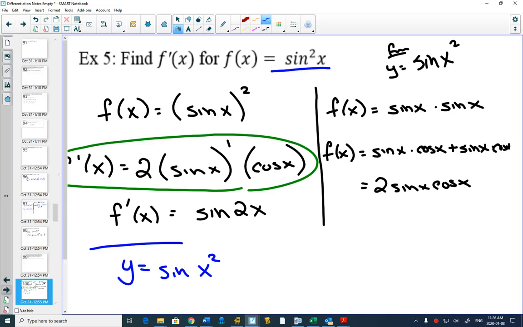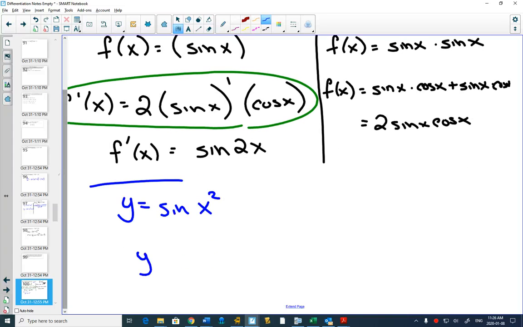In this case, the x squared is inside of sine of x. So we always do the derivative of your outside function first. So sine is our outside function. The derivative of sine is cos. Keep the inside the same. And then multiply by the derivative of the inside function, which would be 2x.